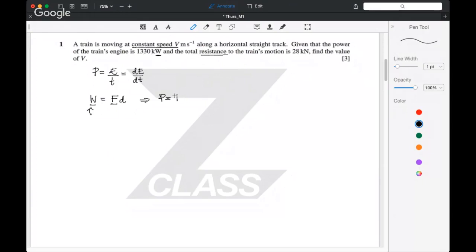Power is force times distance over time. But what is distance over time? Well, why don't I be much more formal, much more rigorous.